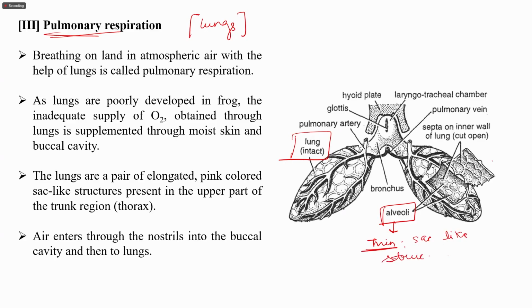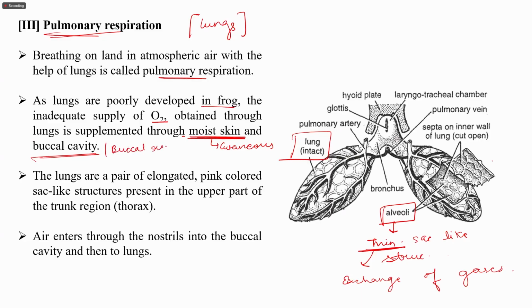Again, this is a thin surface allowing exchange of gases. So breathing on land in atmospheric air with the help of lungs is called the pulmonary respiration. Lungs are poorly developed in frog. The inadequate supply of oxygen obtained through the lungs is supplemented through moist skin, which is the cutaneous respiration, and the buccal respiration. So through the cutaneous respiration and through the buccal respiration, the necessity of oxygen is completed.